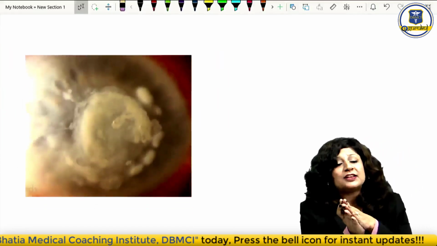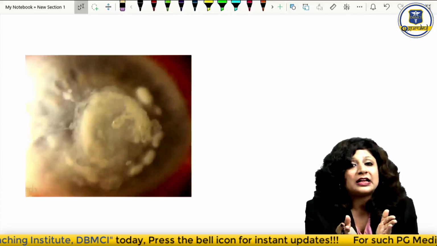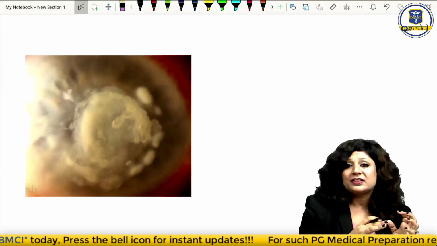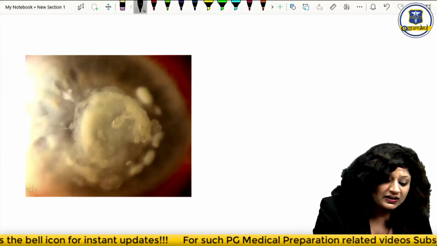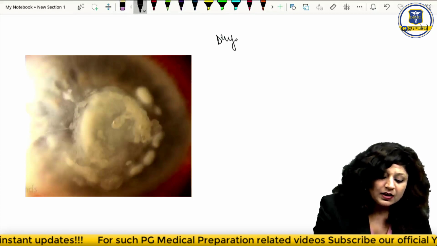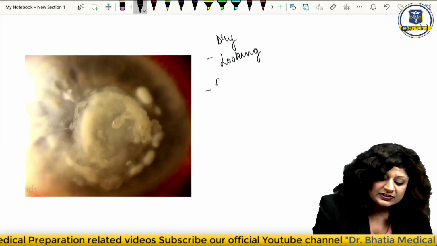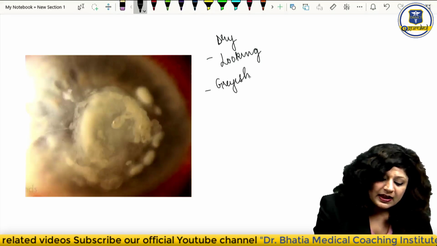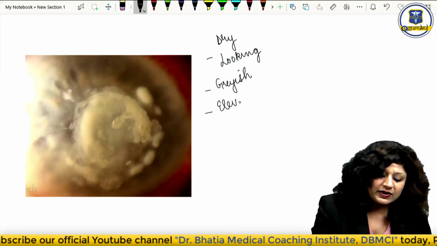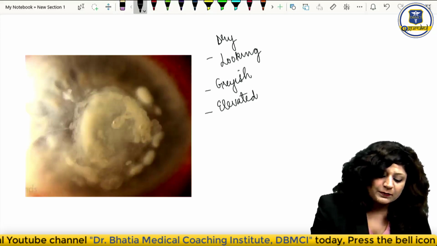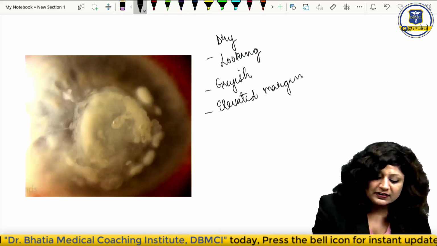Now if you compare these features with another ulcer, that is the fungal corneal ulcer. The important features of the fungal corneal ulcer, on the other hand: this ulcer is very dry looking. It is grayish in color and has elevated margins.